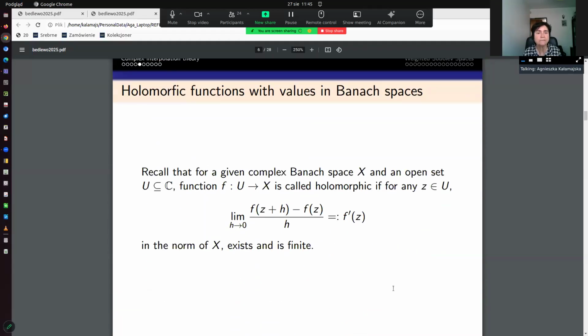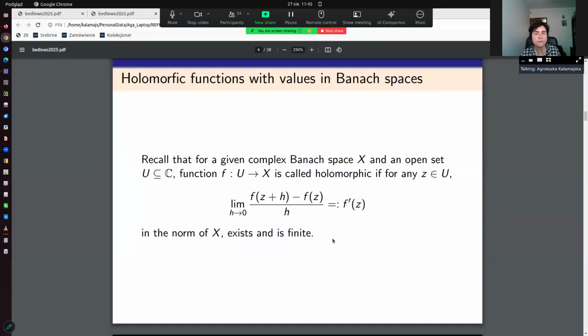Then, if I have a function which is holomorphic, say I have a domain U in the complex numbers, and a function which goes from U to a given Banach space X, then I can say that this is holomorphic if the usual definition of holomorphism holds, but the values are not in C, but in a Banach space.